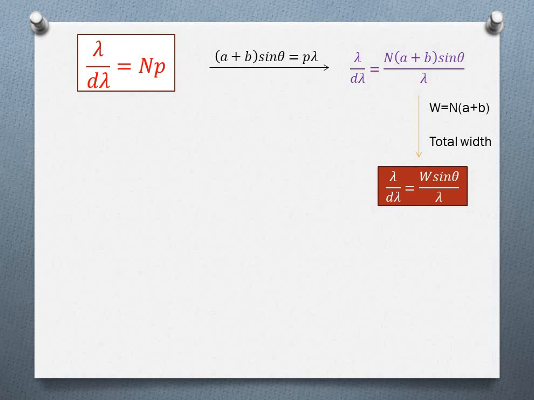If your lambda is small, then your resolving power is decreased, so you have to increase the width in order to compensate for that. So the resolving power for a particular wavelength lambda is proportional to the width of the grating, and in that case it is independent of the number of slits.